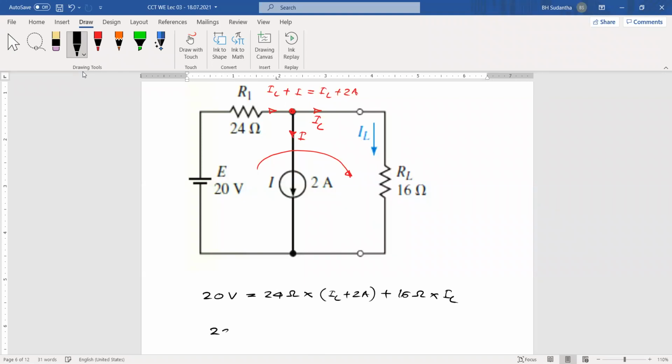Okay, this is 20, 24 IL plus 48, then this is 16 IL.